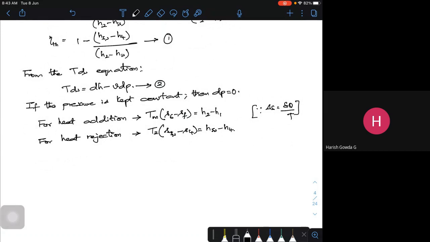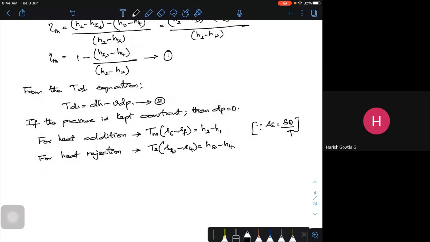Now what I'm going to do is substitute for this. This is H2 minus H1, with the entropy change S6 minus S5.